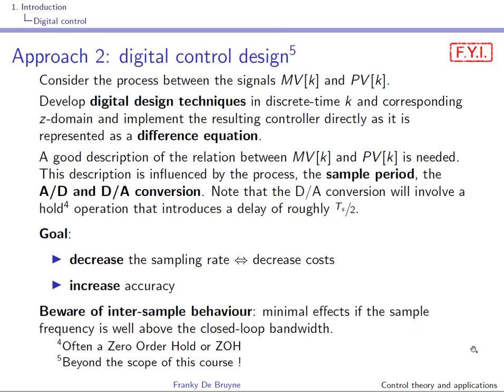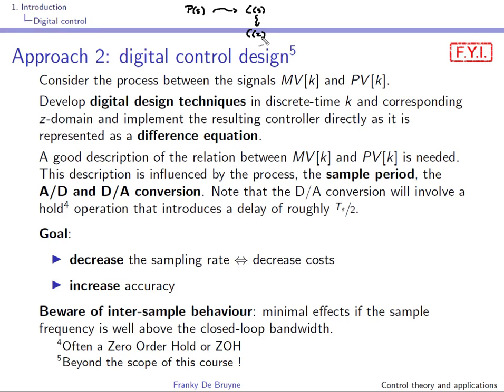Well, we have seen that there is a first approach to obtain a controller in the Z domain that you can implement on a digital processor. You start from your description of the process, you use it to design an analog controller, and you approximate this analog controller by a digital control.